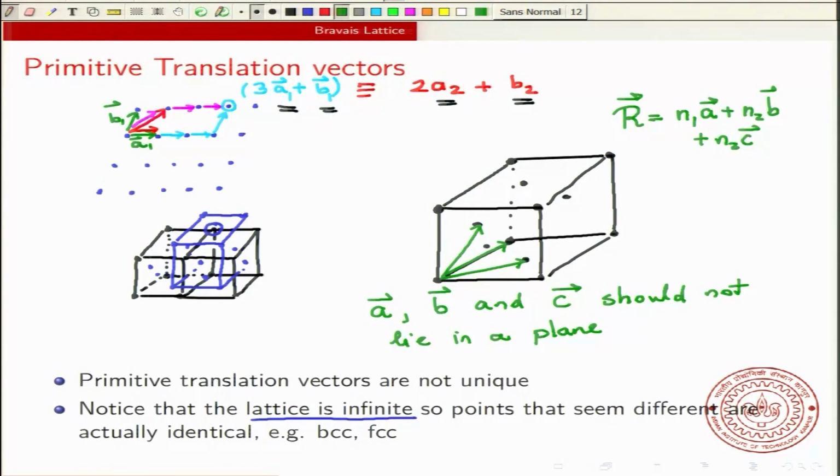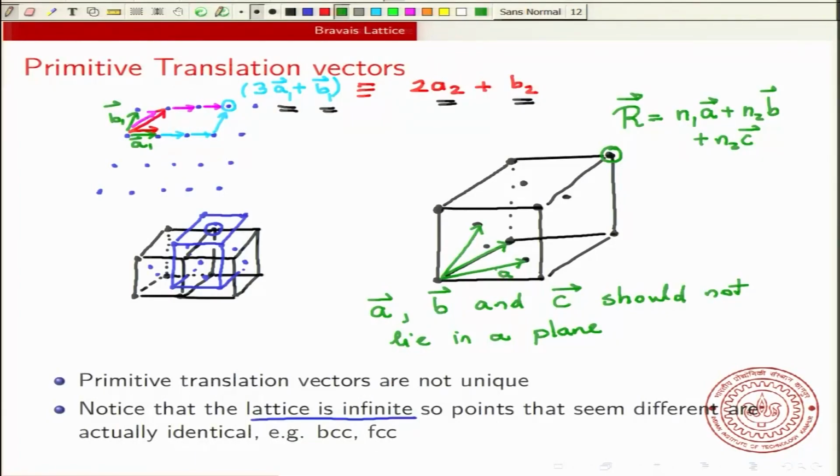Okay. So, for example, if using these lattice translation vectors you wanted to express this point on the other corner, then you can translate to it. Let me give names to these.